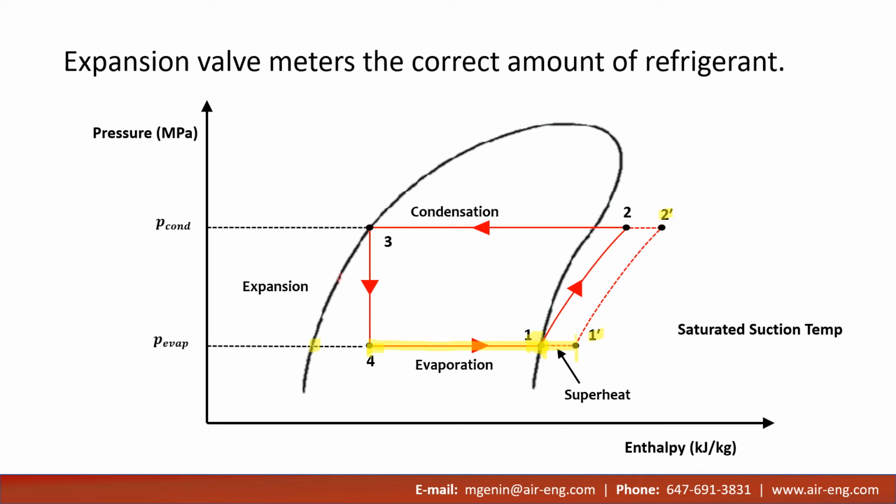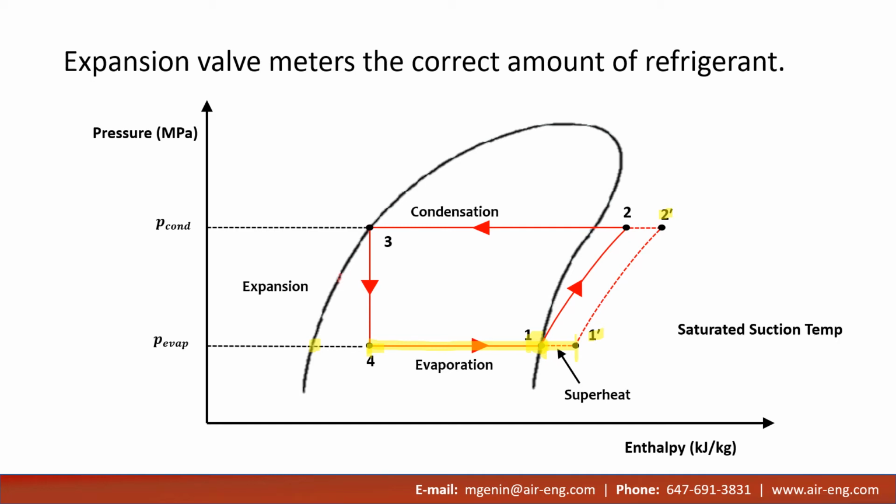Think of it this way. If we need more superheat, the expansion valve begins to close and it reduces the amount of refrigerant entering the evaporator. Less refrigerant in the evaporator means the refrigerant can become a gas more quickly. Once it becomes a gas, the remaining energy, or the cooling load in this case, is used to superheat the gas. It's still in its gas state.